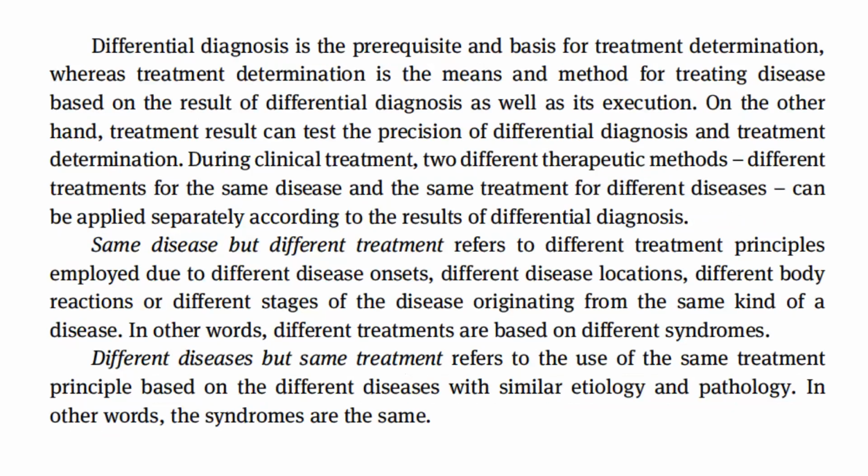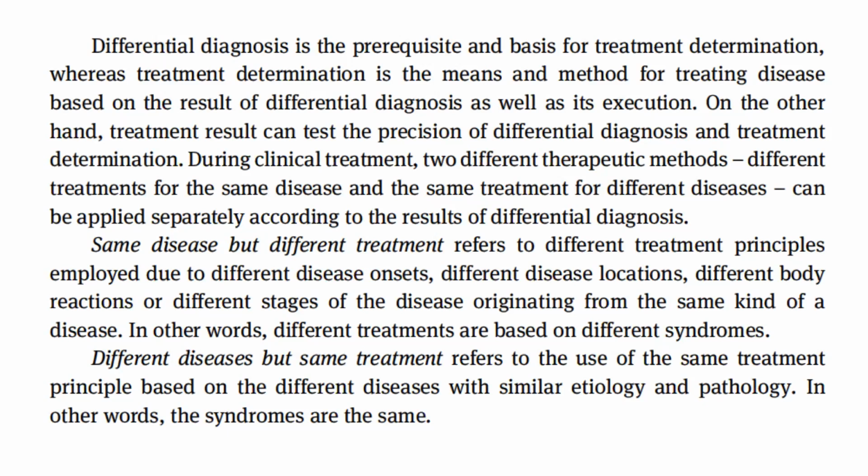Differential diagnosis is the prerequisite and basis for treatment determination, whereas treatment determination is the means and method for treating disease based on the result of differential diagnosis as well as its execution. Treatment result can test the precision of differential diagnosis and treatment determination.